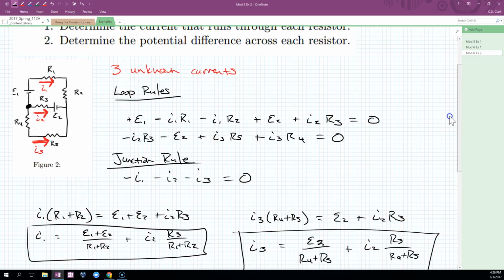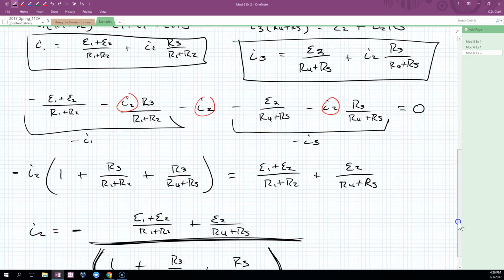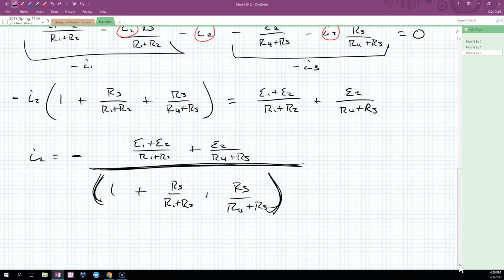So that I2 would be the current that runs through this middle branch. Let's check that we are at least dimensionally correct. In general, Ohm's law says current is a voltage over a resistance. So I should have dimensions of voltage over resistance. This term here is a voltage over a resistance.